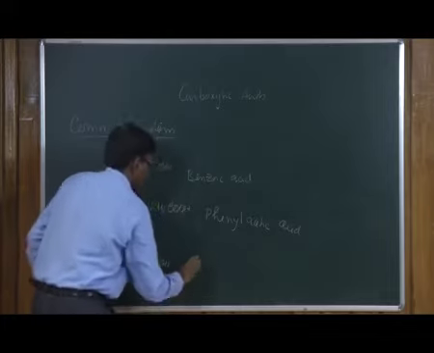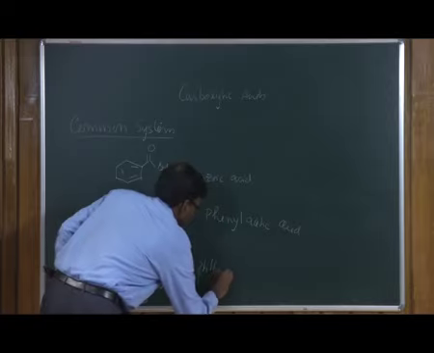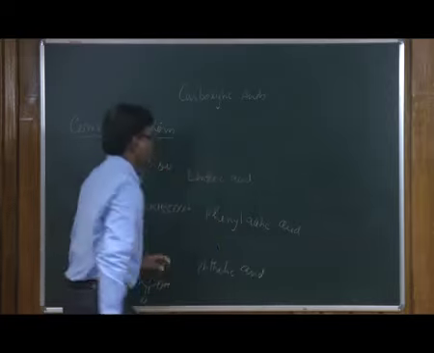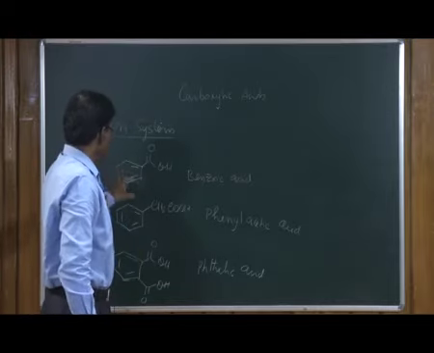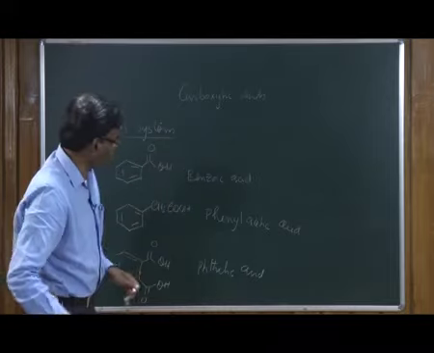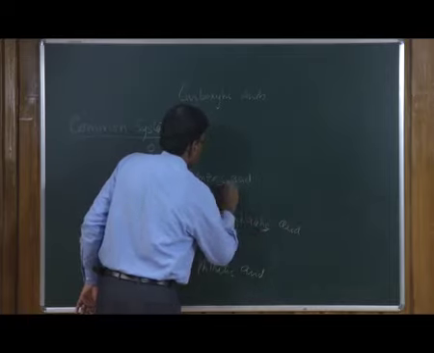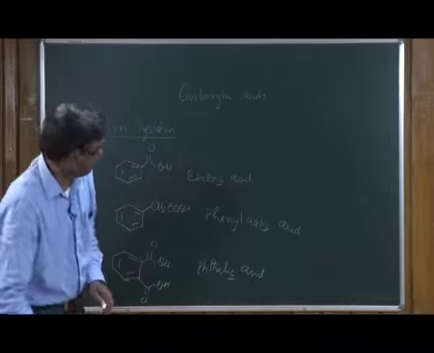This dicarboxylic acid is known as phthalic acid. So, these are the examples for aromatic carboxylic acids. These are the common names, and as I mentioned earlier, all the acids end with ic acid.